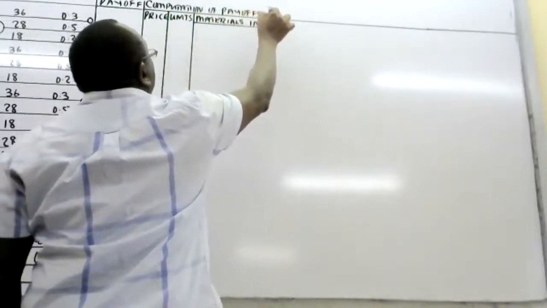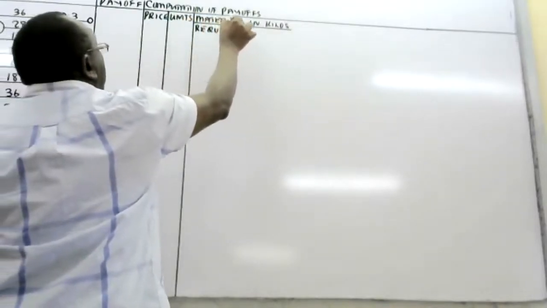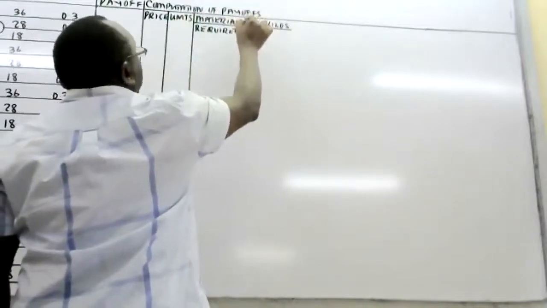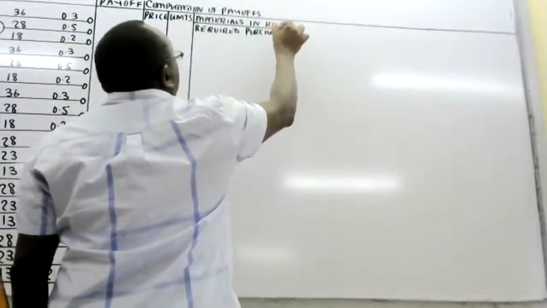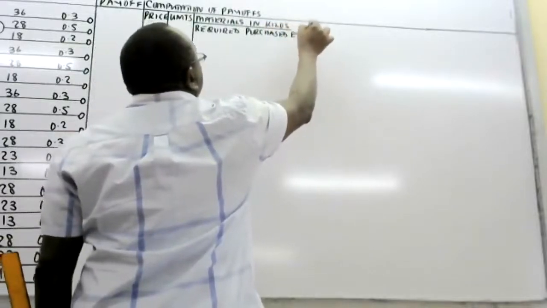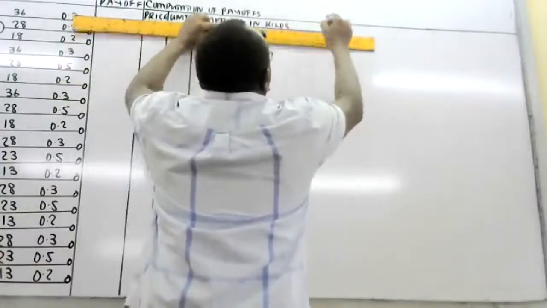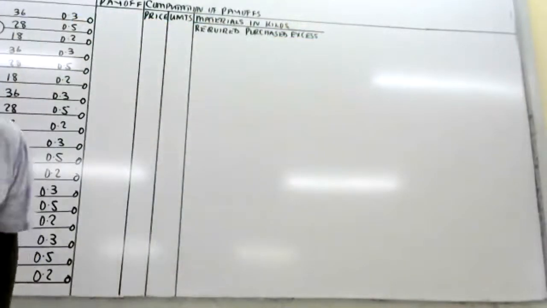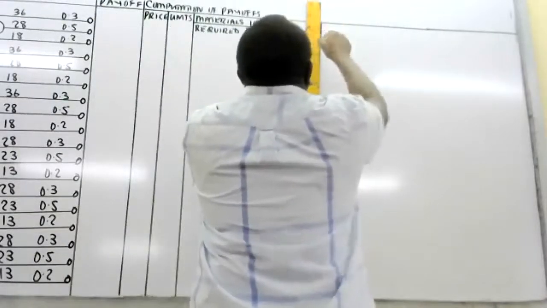First of all, I have the required, I have purchased, and then I have excess. I think there is a statement that talks of excess.